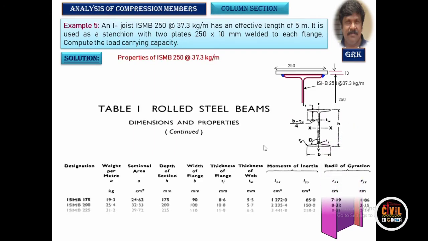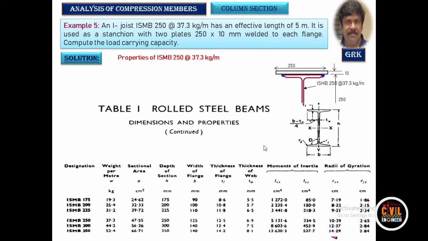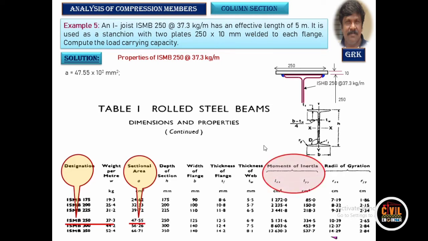Let us note down the properties of the ISMB section of depth 250 mm, weight 37.3 kg per meter. Note the area and the moment of inertia of the built up section.